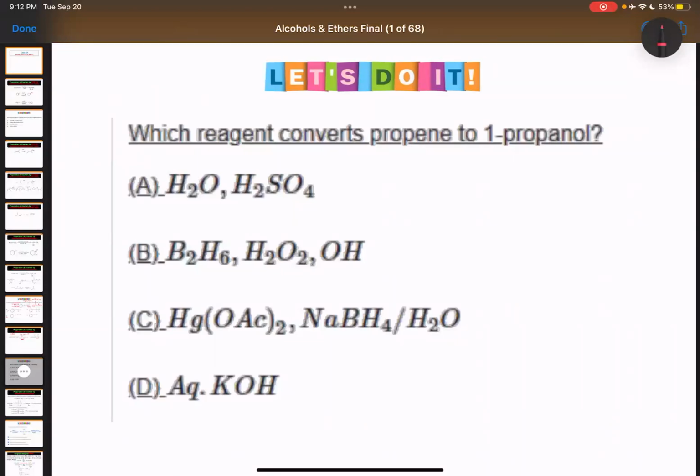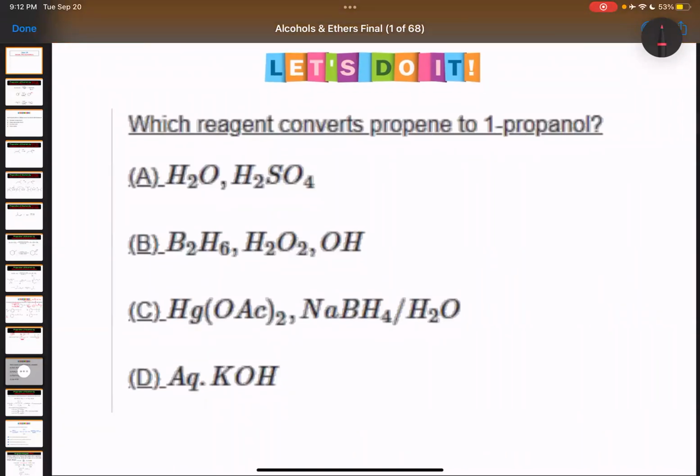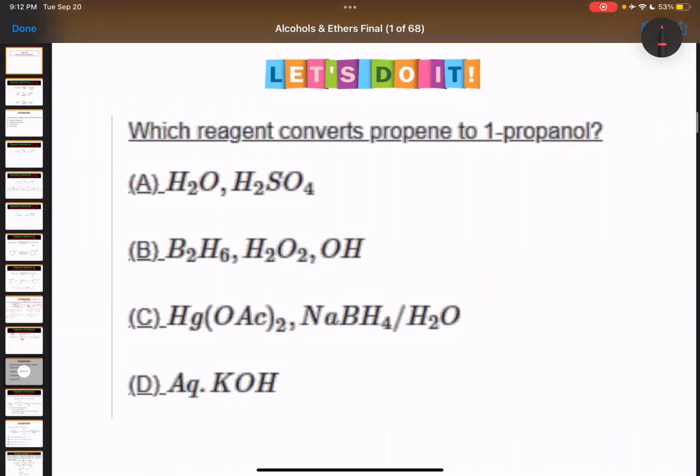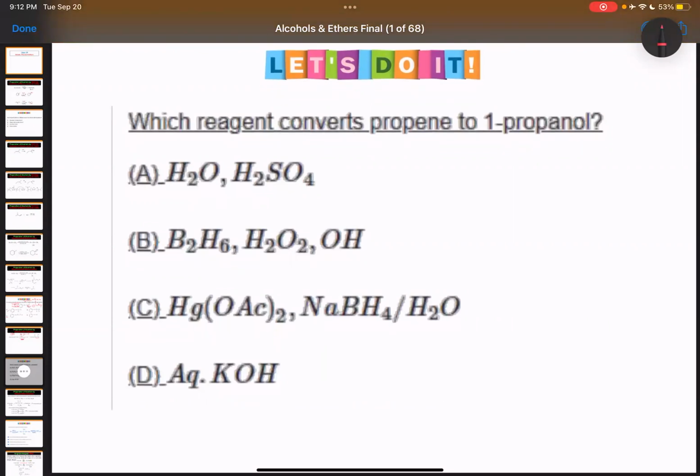If the question is related to conversion, you just need to know the reagent and write the answer carefully, and you will get the correct answer. But if the question is based on mechanism, then you need to go into the mechanism. Is it clear?